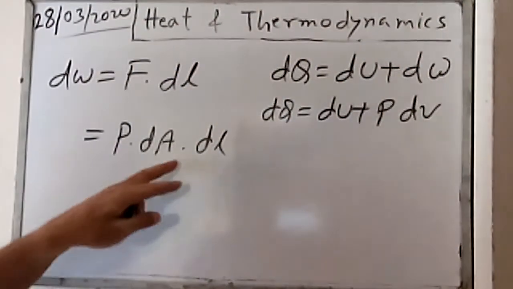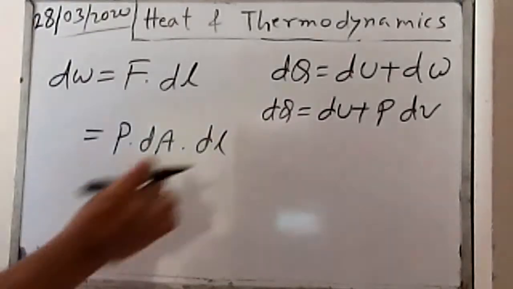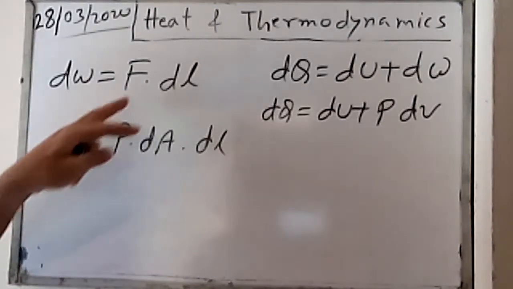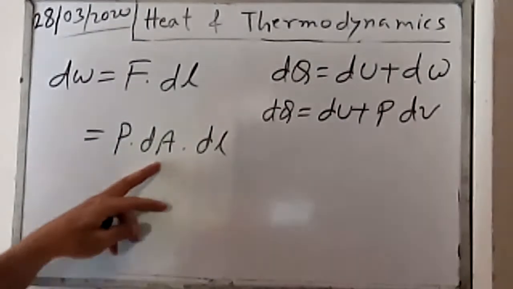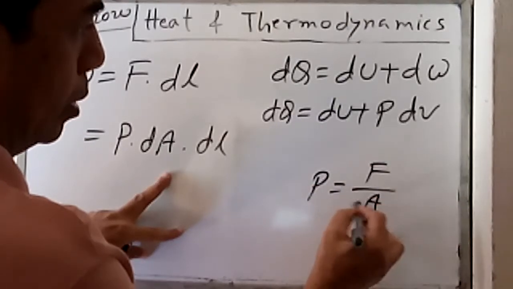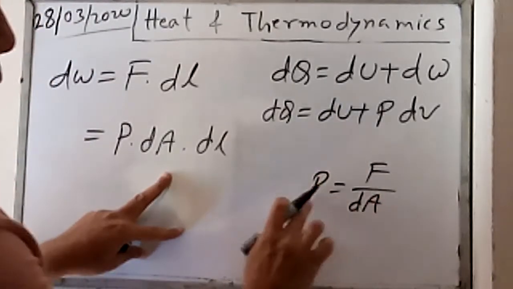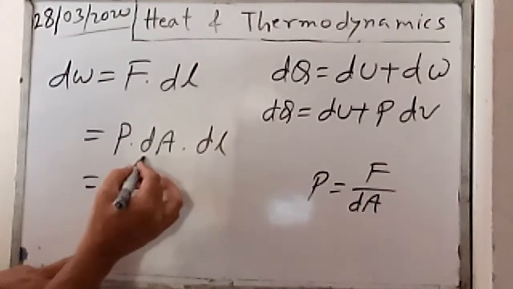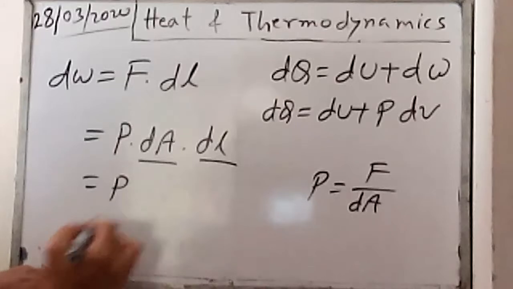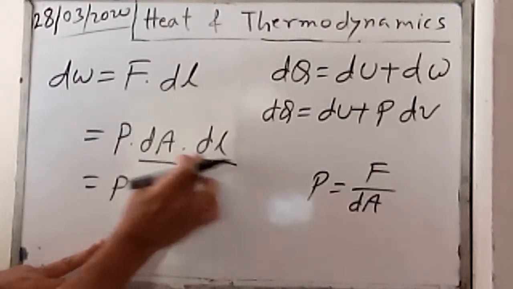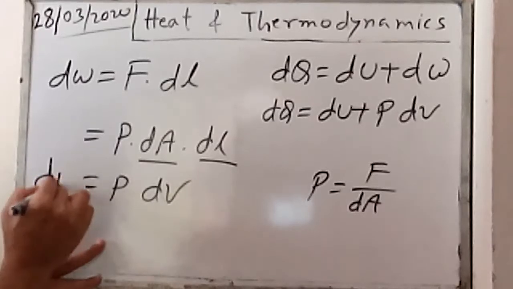Pressure equals force by area, so for a small area dA, force equals P dA. P dA dl: area into length is volume, so dW equals PdV.